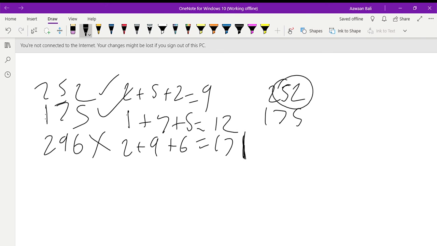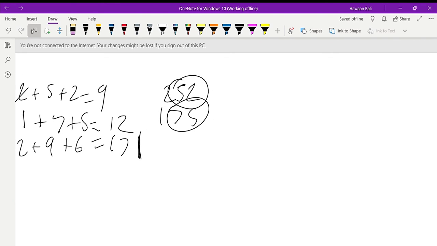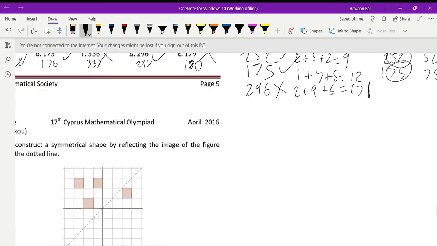If the last two digits are divisible by 4, then the number is divisible by 4. So 52 divided by 4 is 13. And now 75 divided by 4, it has a remainder. It's not divisible. So basically, that means this is wrong and stops. And the answer is 252.